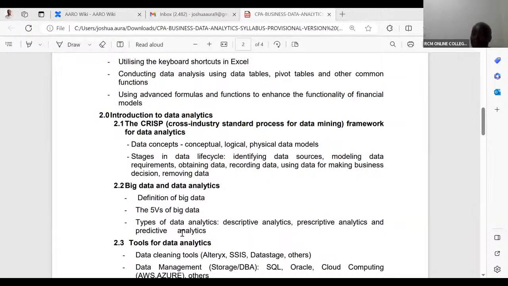Then prescriptive analytics, even from the word prescription: if we are able to use data, through descriptions like the mean, mode, averages, standard deviations, to give a solution, to prescribe a solution, then we talk of what we call prescriptive analytics.